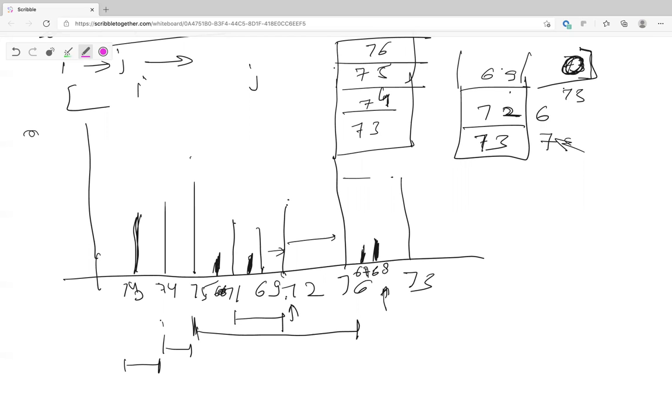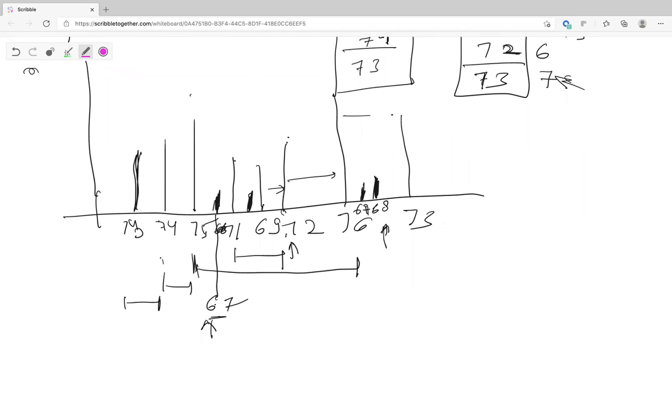In the previous examples, let's say you had 68 between 75 and 71. If you had 67 over here, this 68 won't be useful, because the other temperature higher than 67 is 71.